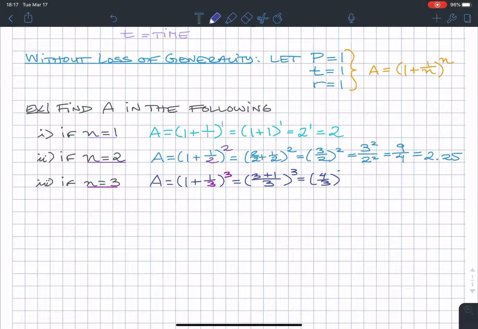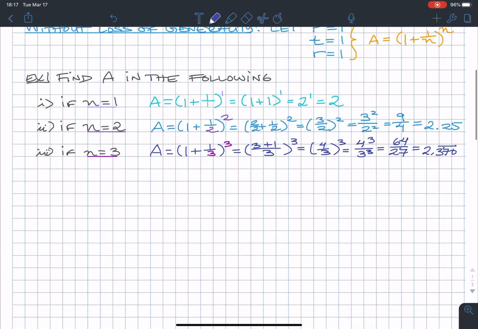Now before I move on, notice that above was 3 over 2, and now we have 4 over 3. So it looks like the numerator is always 1 more than the denominator. So this will give us 4 cubed over 3 cubed. 4 cubed is 64, and 3 cubed is 27. That's going to be 2.370 repeating when you plug that into your calculator.